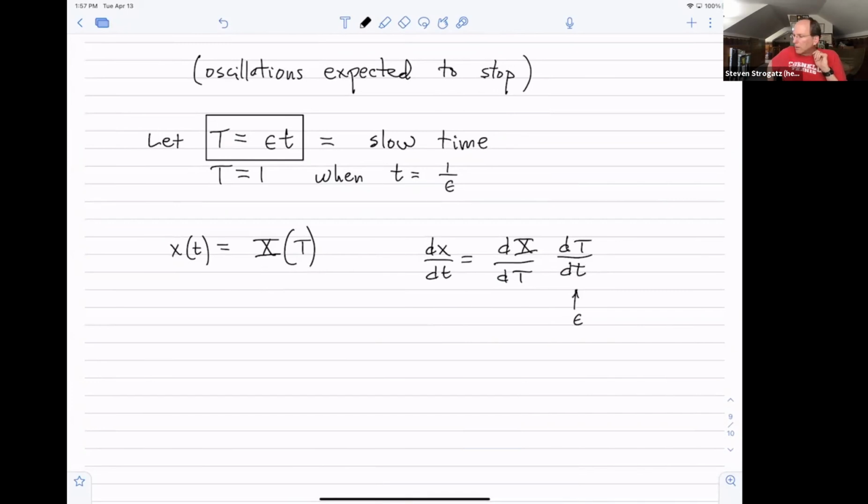So if this is x dot, this would be epsilon times what I'll call x prime. Prime will mean slow time derivative. This term is what I'm calling x prime.